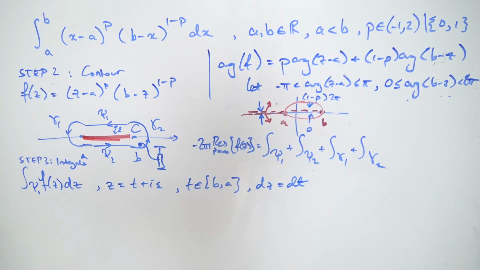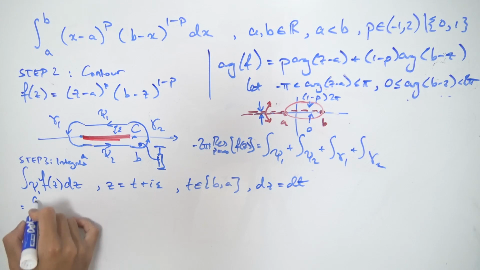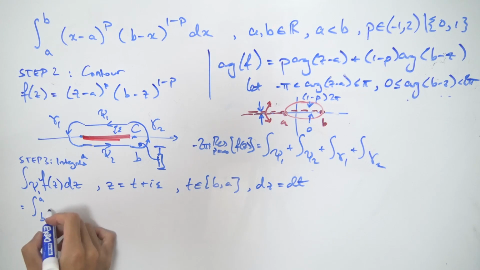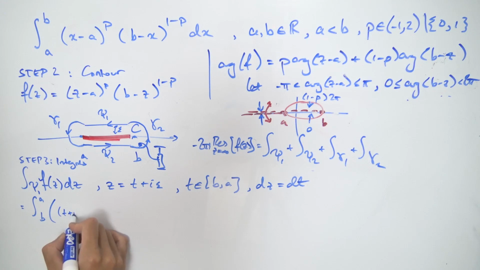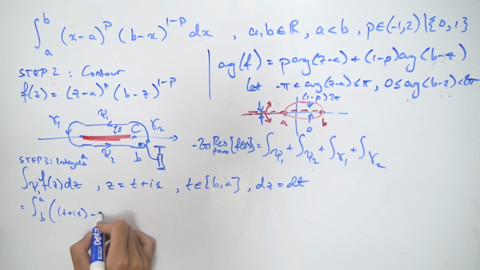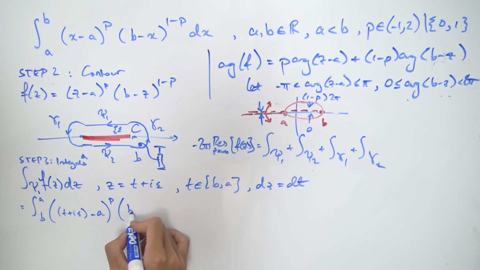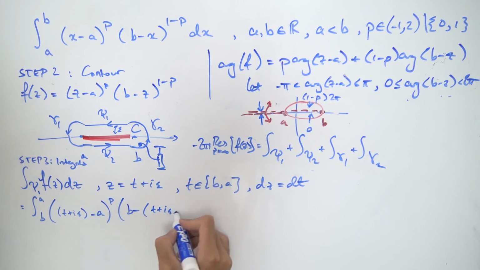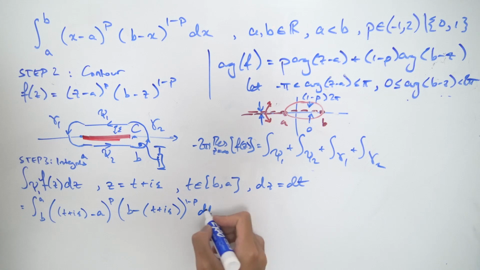Now if we plug all this in, we're going to get the integral from b to a of f of z. Let's plug this in. We're going to have z, which is now t plus i epsilon, minus a to the pth power, and then b minus z, where z is t plus i epsilon again, to the 1 minus pth power, and then dz is going to be equal to dt, like so.